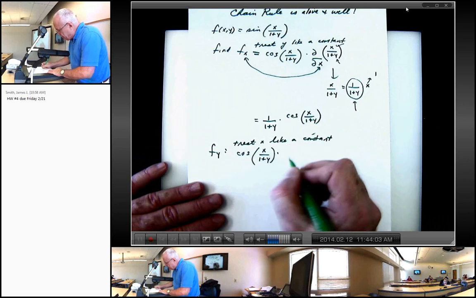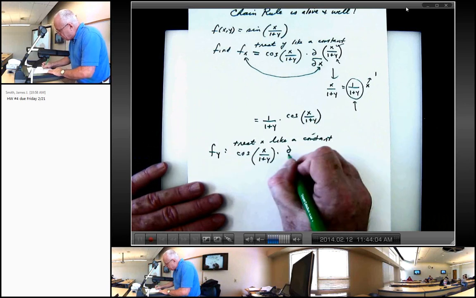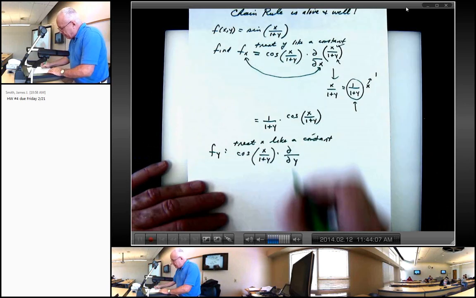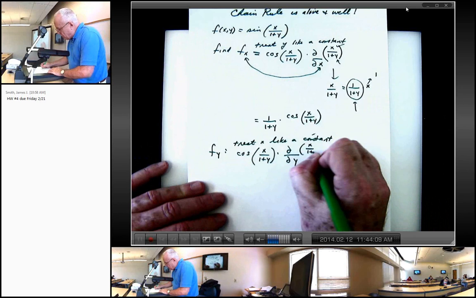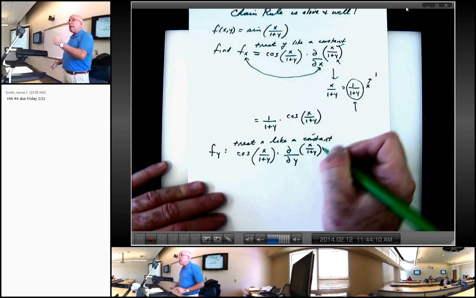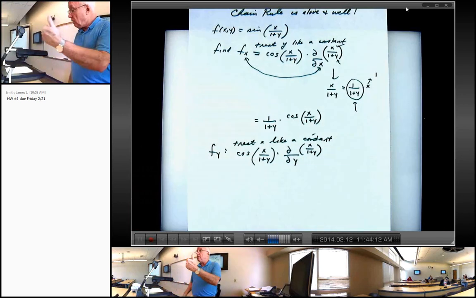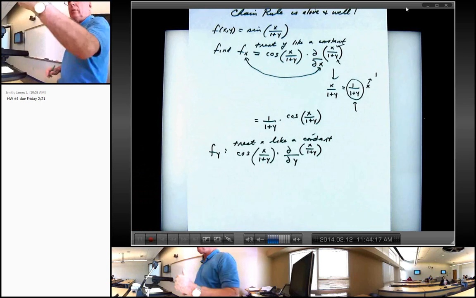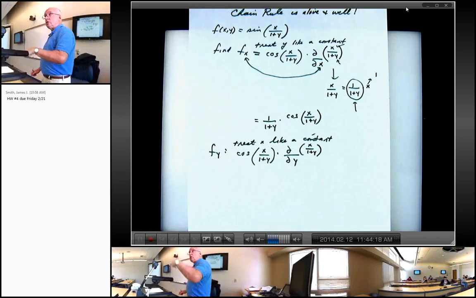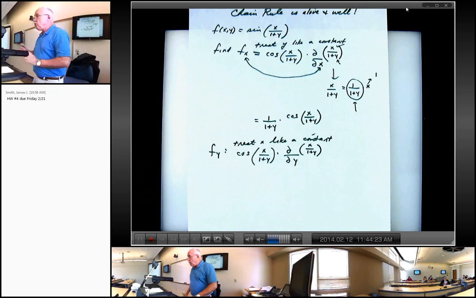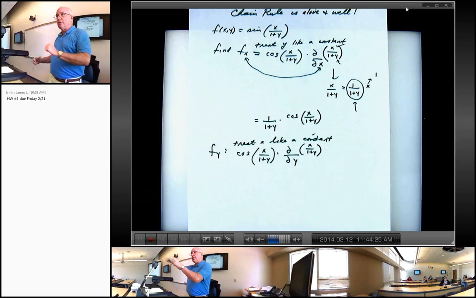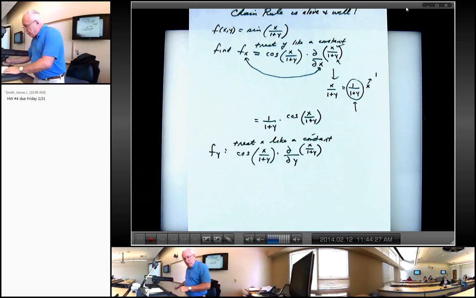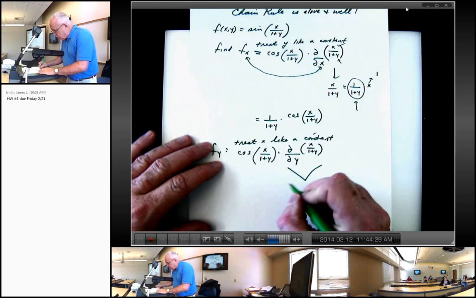And then we're going to do the derivative with respect to y of the inside, x over 1 plus y. Now x is the constant, y is the quote-unquote variable. Here I'm going to just use the quotient rule, although you could fiddle around with it and not have to use the quotient rule. But I'm going to do that.